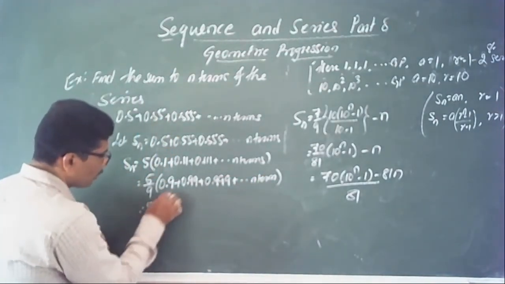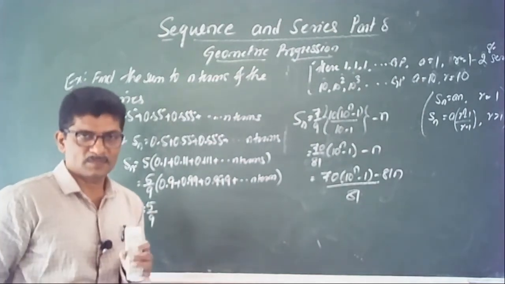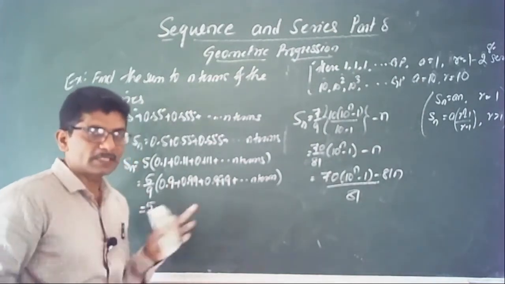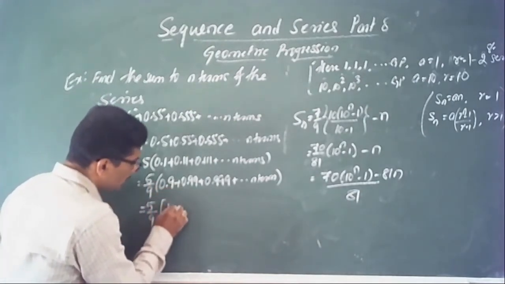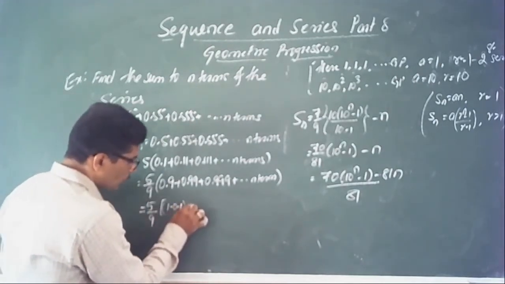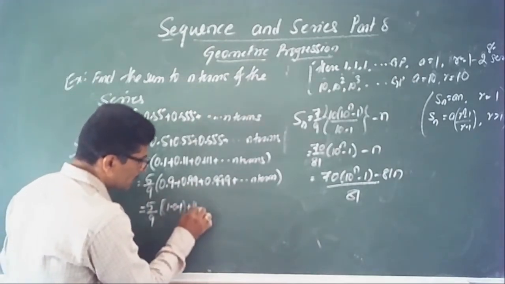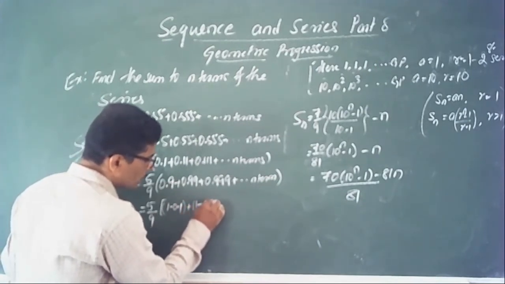But here it is 0.9, not 9. When it was 9, we wrote 10 minus 1. Here 0.9 can be written as 1 minus 0.1. It is clear. Plus 0.99 can be written as 1 minus 0.01.